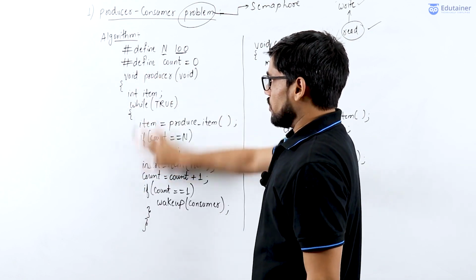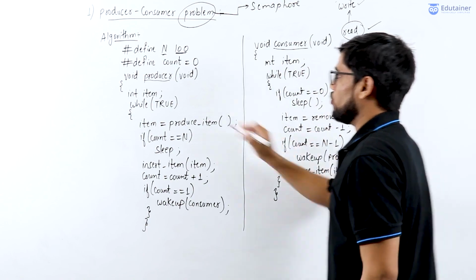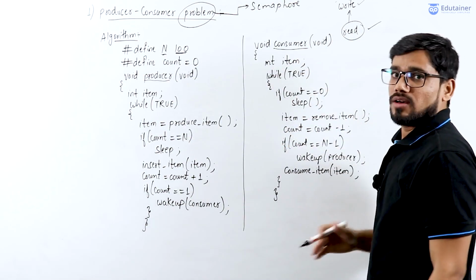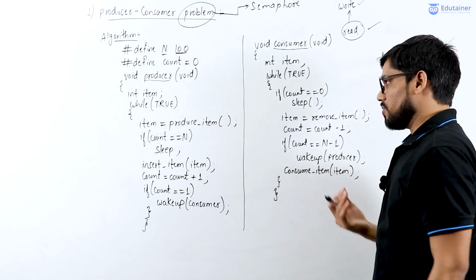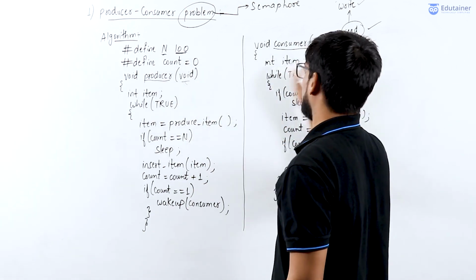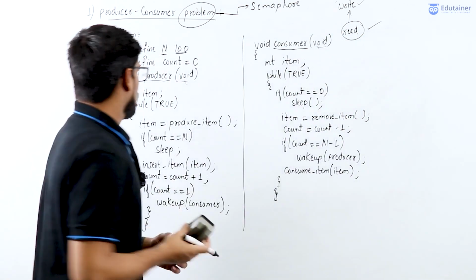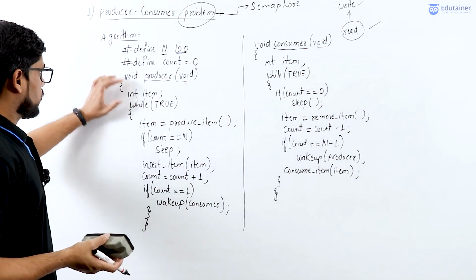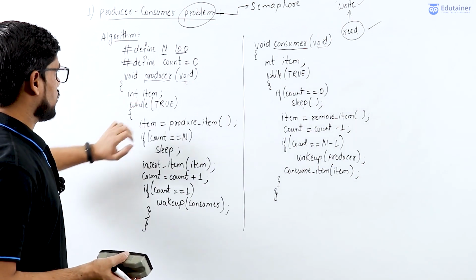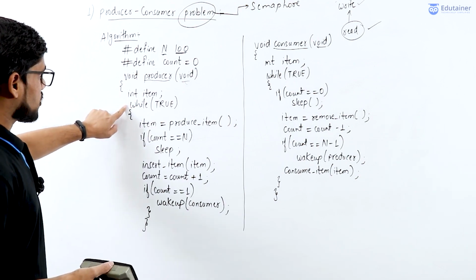Two functions are used, one is the producer function and one is the consumer function. The producer generally produces or writes the item, and the consumer generally consumes or reads the item. The producer and consumer do not take any particular parameter. In the producer function, first we define a local variable item, and based on this while loop we test some conditions.